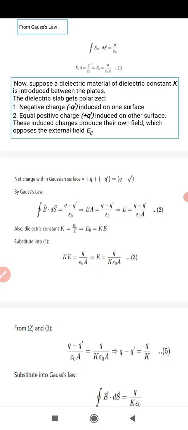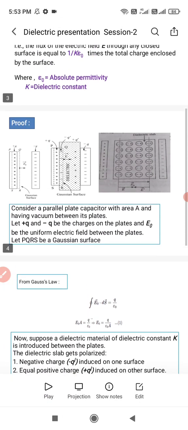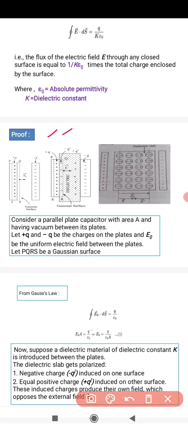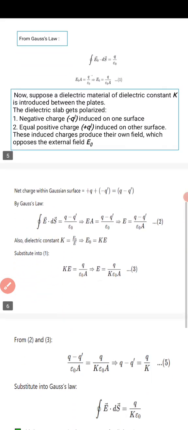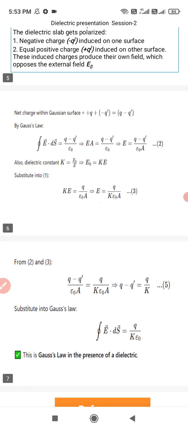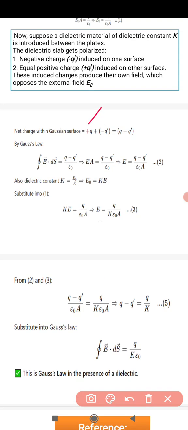So the net charge within the Gaussian surface changes from plus Q to plus Q minus Q dash. The net charge will be plus Q plus minus Q dash, which simplifies to Q minus Q dash.